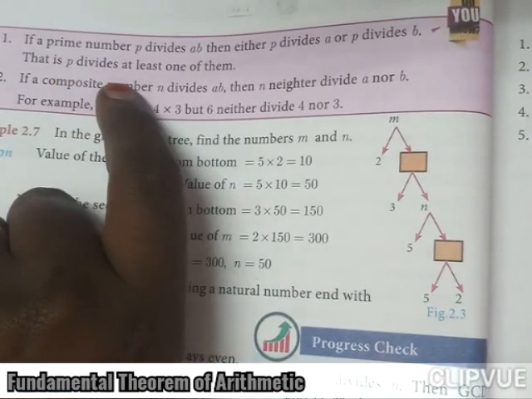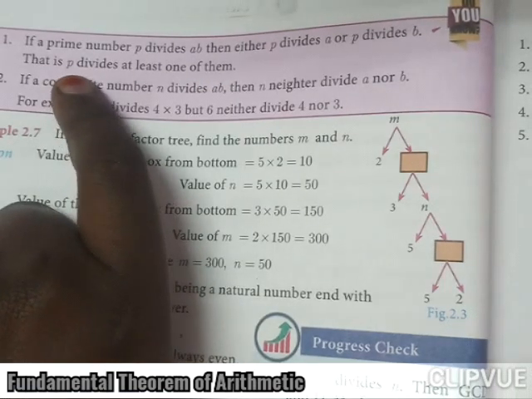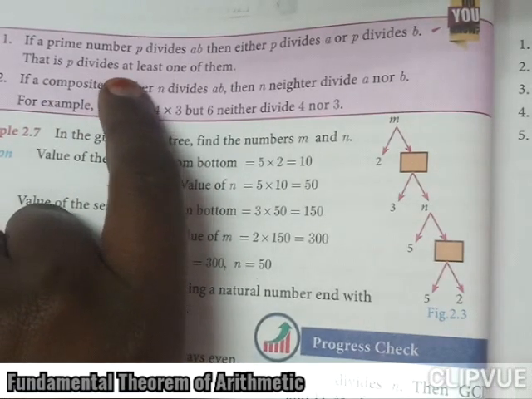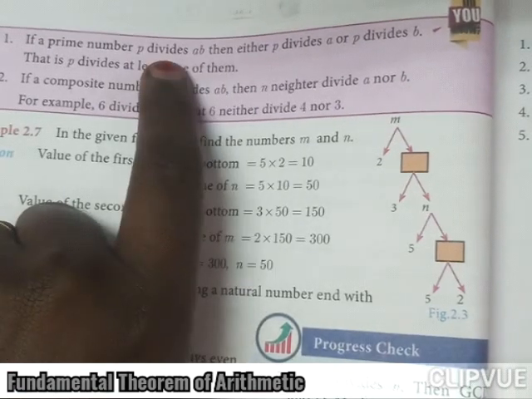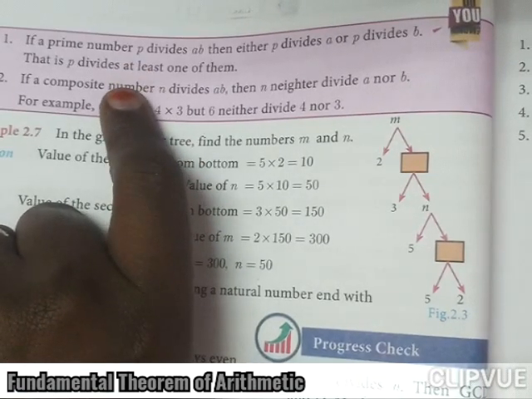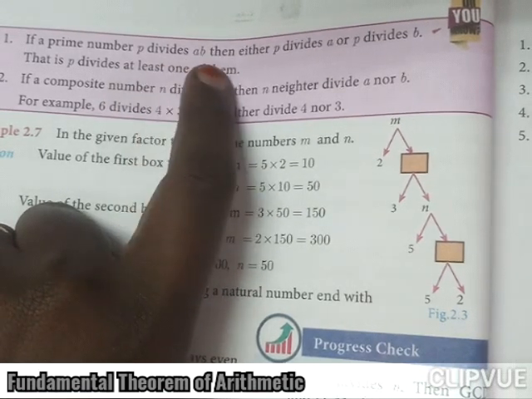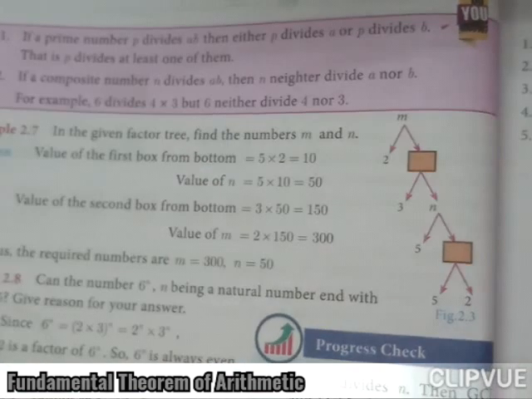That is, p divides at least one of them. A and b are given, and that prime number divides at least one of the given two, either a or b. This is the condition.